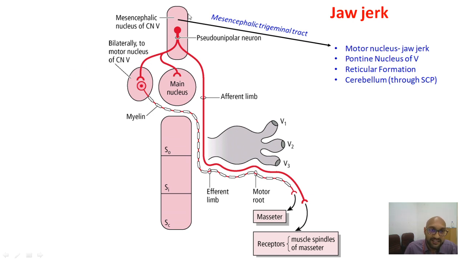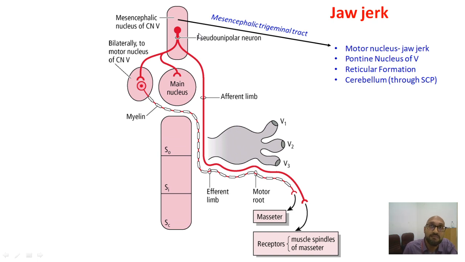So the center is actually the mesencephalic nucleus of the trigeminal, and it's a monosynaptic reflex between the mesencephalic nucleus as well as the motor nucleus of the trigeminal on both sides. Okay, so this is the jaw jerk. It verifies whether the midbrain nucleus of the trigeminal is intact.